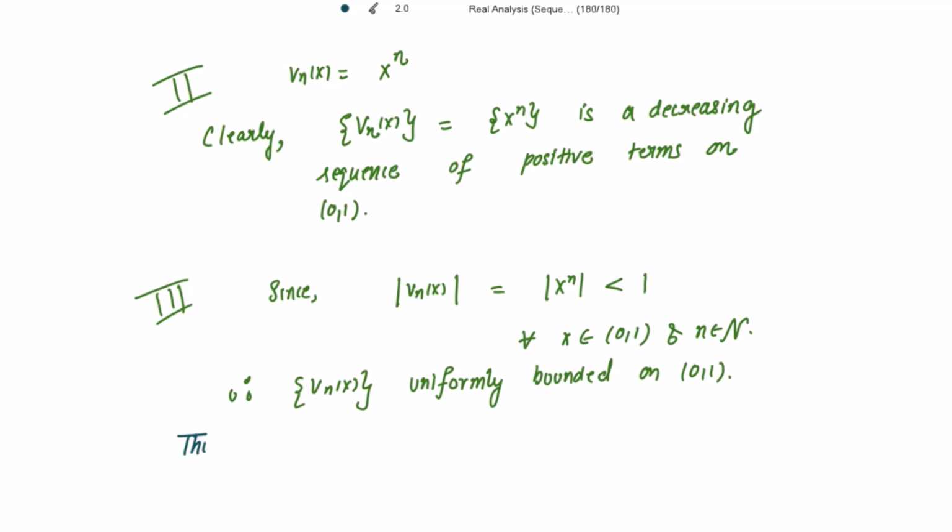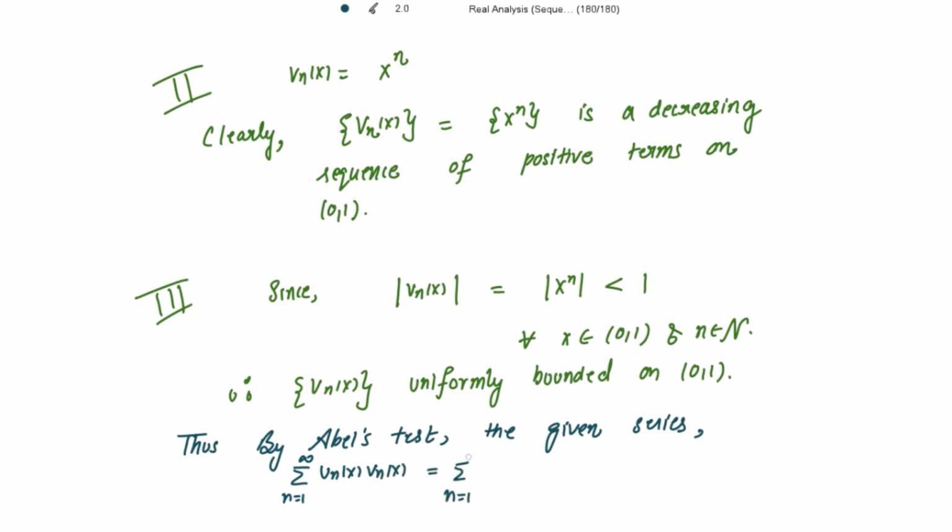Thus by Abel's test, the given series summation n going from 1 to infinity u_n(x) into V_n(x), that is equal to summation n going from 1 to infinity (-1)^(n-1) divided by n into x to the power n, is uniformly convergent on open interval (0, 1).